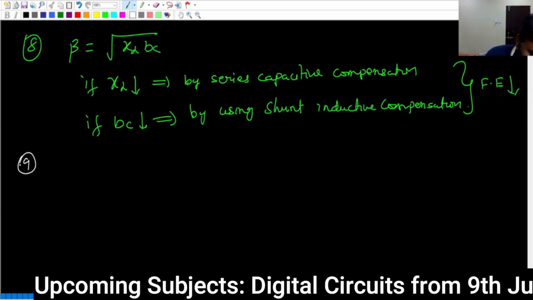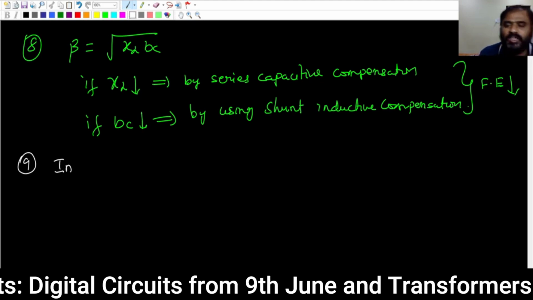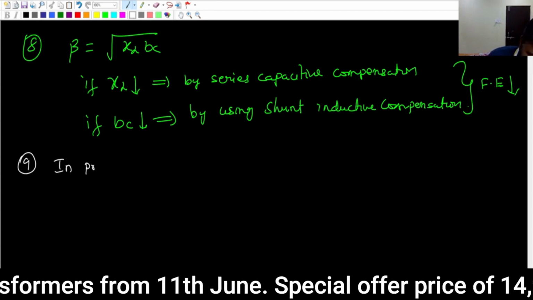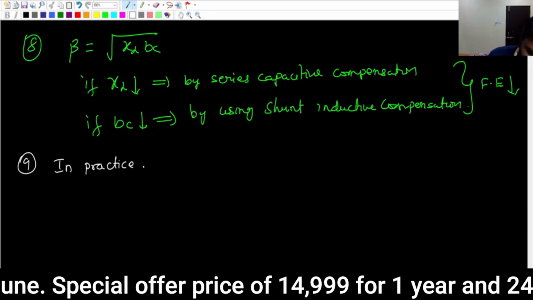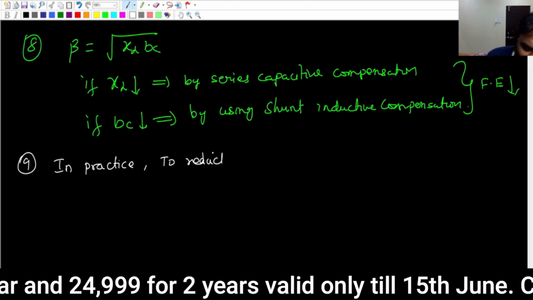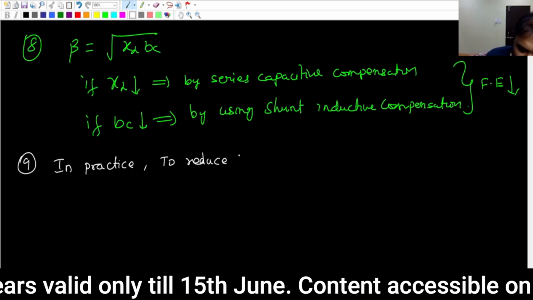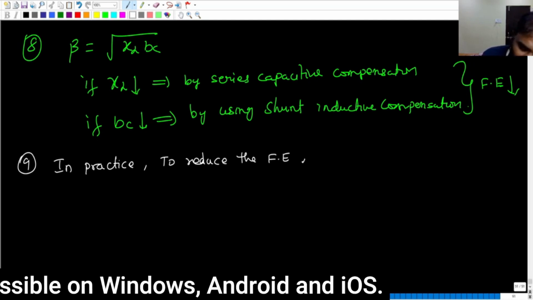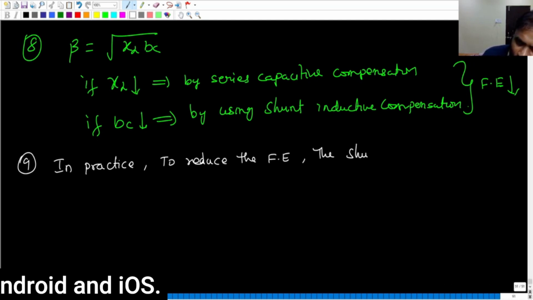In practice, a shunt inductor is better compared to a series capacitor because a series capacitor has its own disadvantages. So in practice, to reduce the Ferranti effect, shunt inductive compensation is preferred.